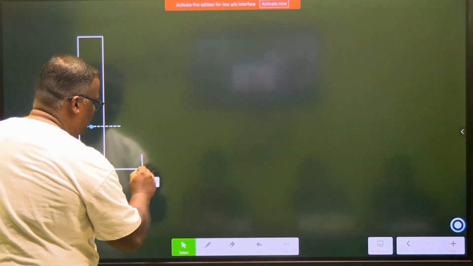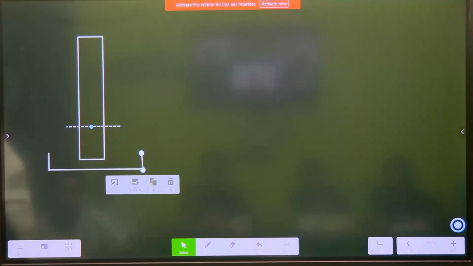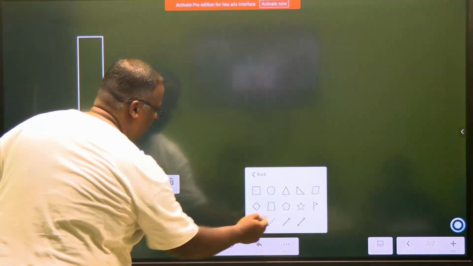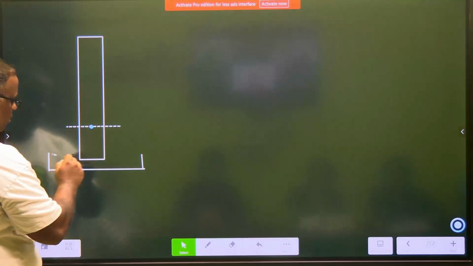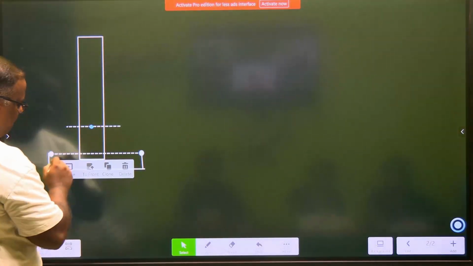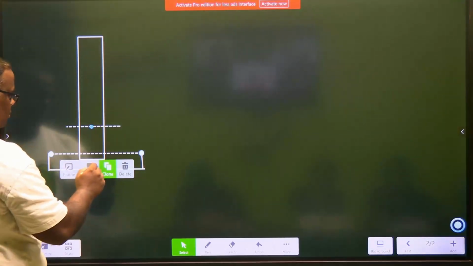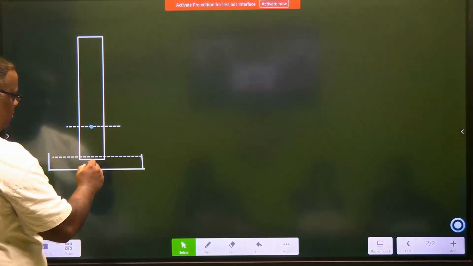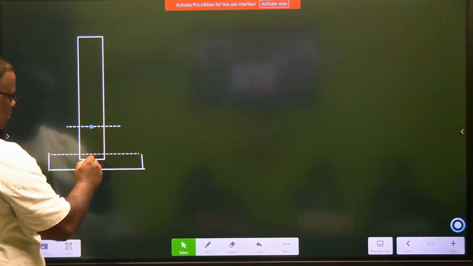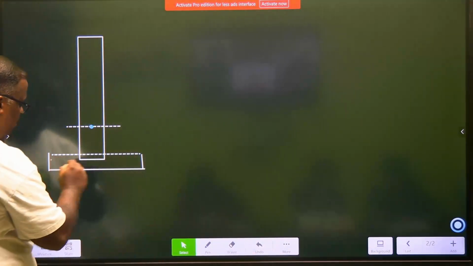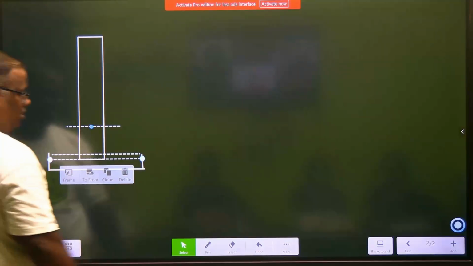For ink, even water does the magic. But for other things, I'll tell you. So we will dip this and ensure that the strip is dipped in it.